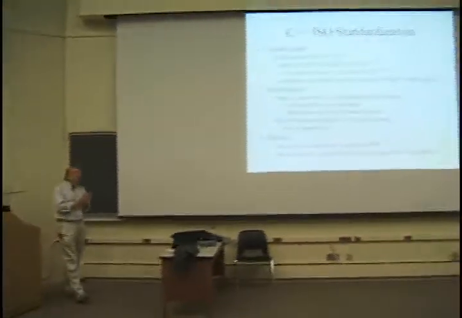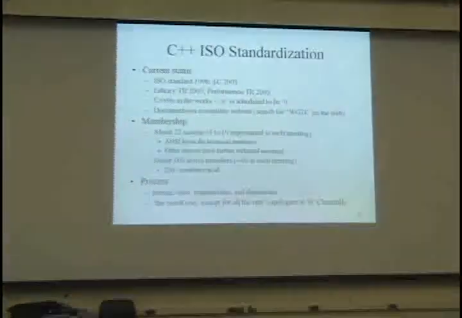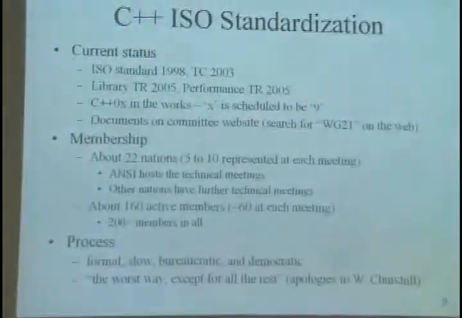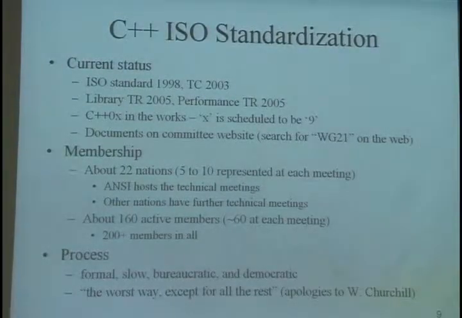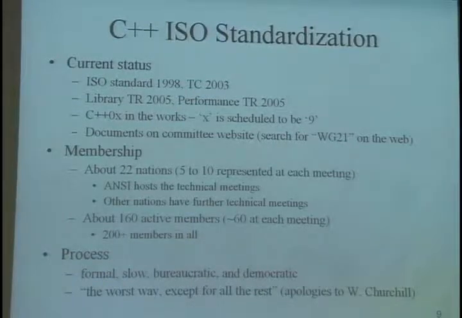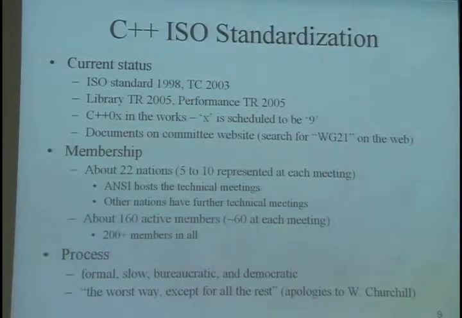So we have the ISO standards process, what we're doing. We got a standard in 98, which is the one we are trying to work on. We had a revision in 2003, and if you can tell the difference between C++98 and C++03, you've just been reading too many manuals. It's really not for users.